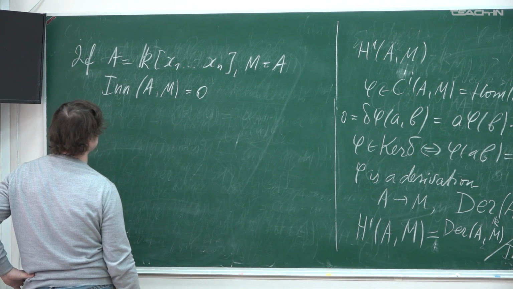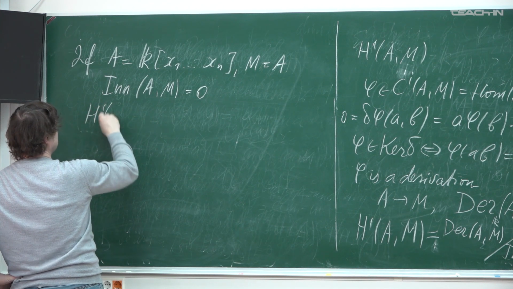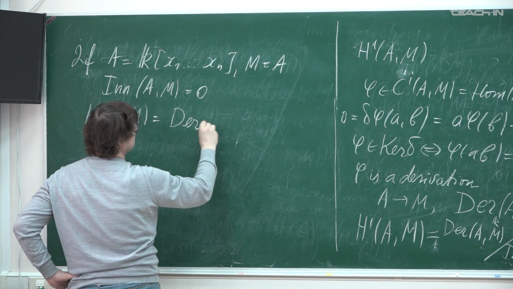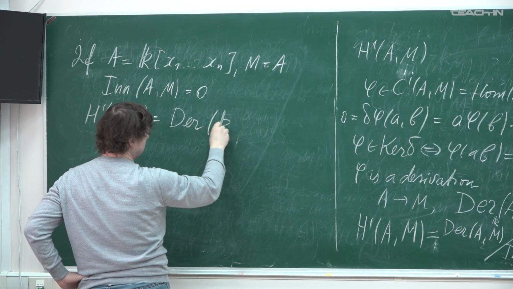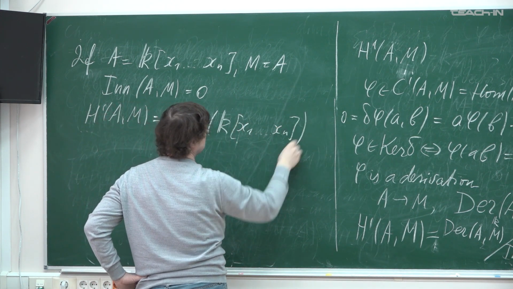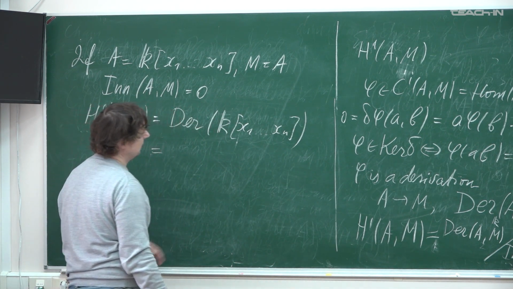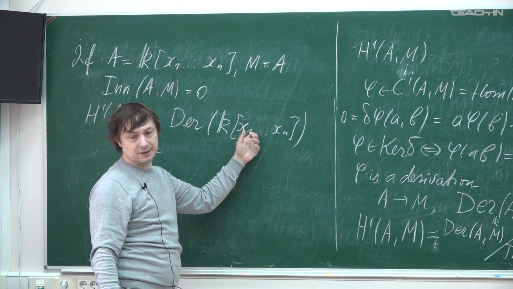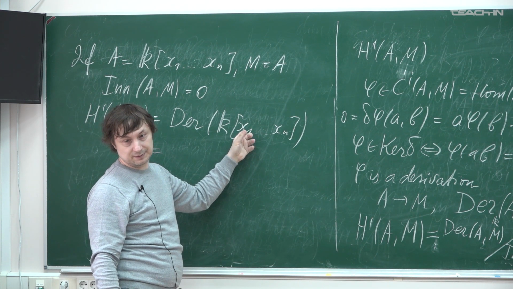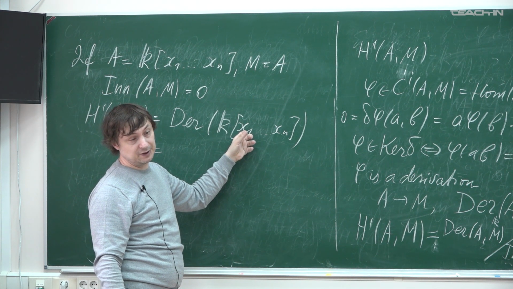And we conclude that H1 of A, M is equal to the space of derivations of this free commutative algebra with n variables. Every derivation of this sort is given uniquely by the value of this derivation on every variable. If we know the value of the derivation at every variable, we know the value of the derivation at every polynomial.